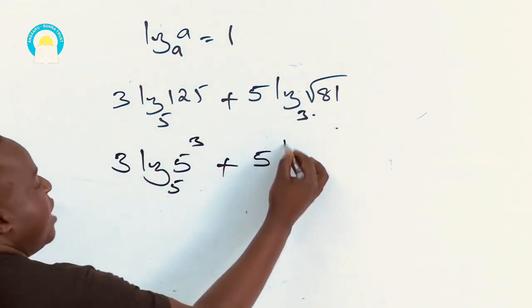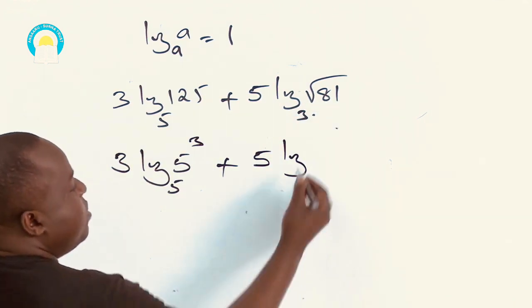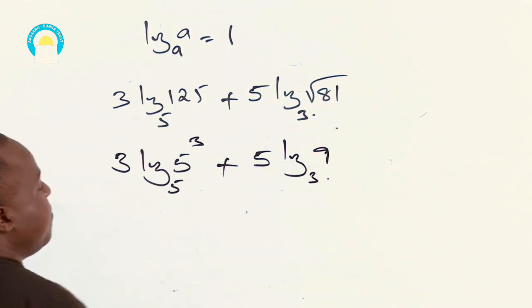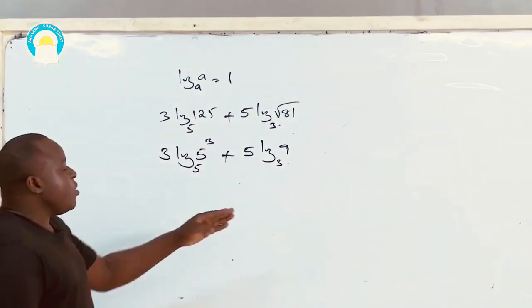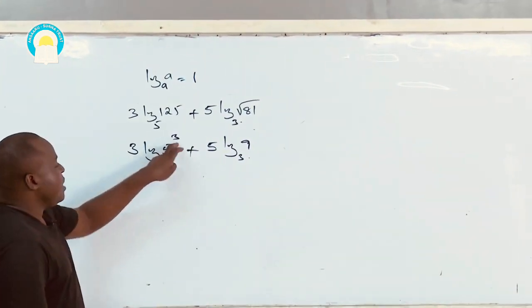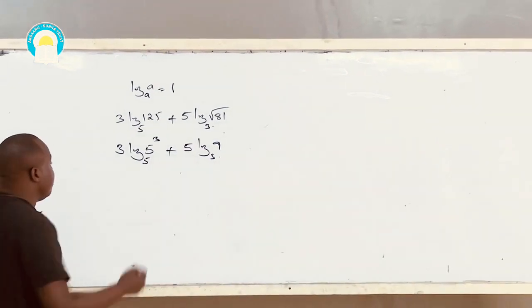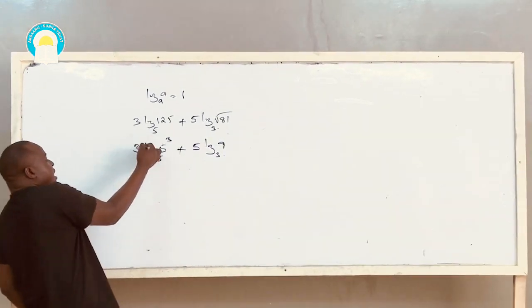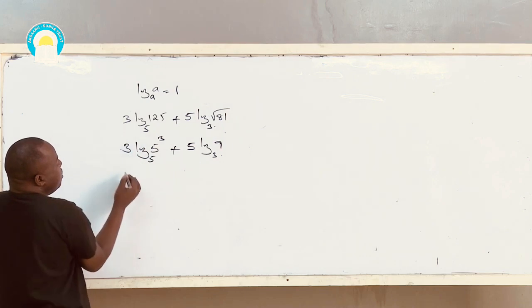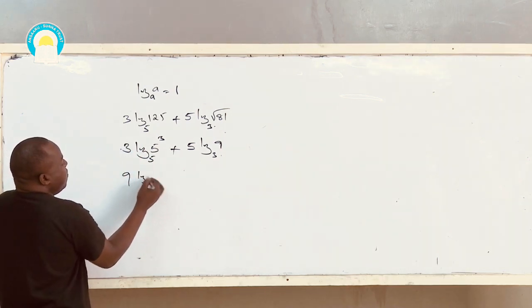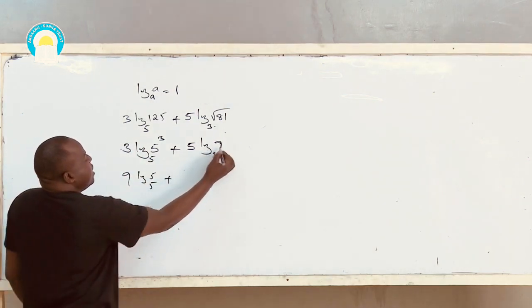The statement should be 5 log 81 square root, which is the same as 9, then raised to 3. Again, according to the third law, anytime there is a power, you have to write it as a coefficient. So this 3 as a coefficient will be 3 times 3, which is equal to 9 log 5 base 5, plus this 9.